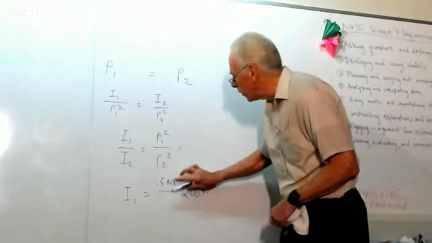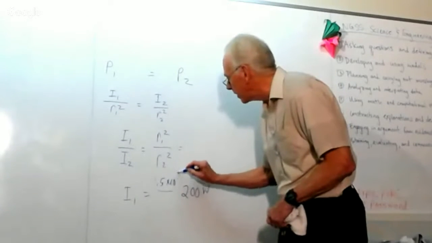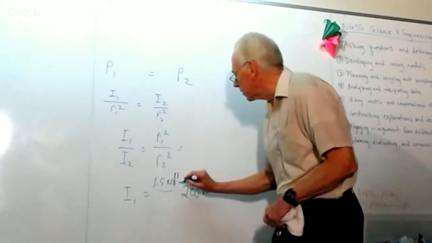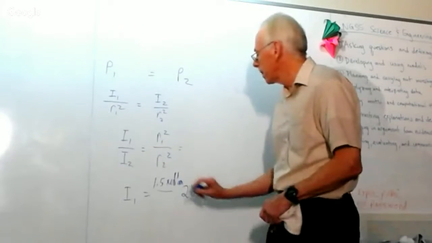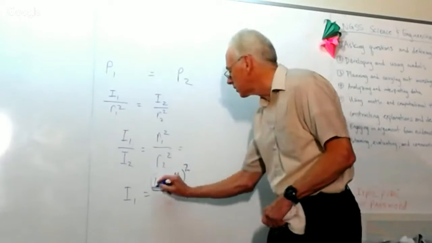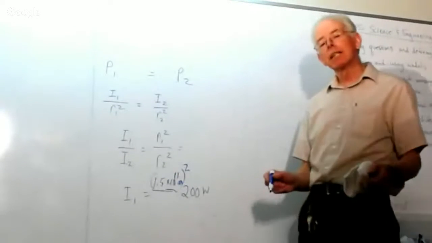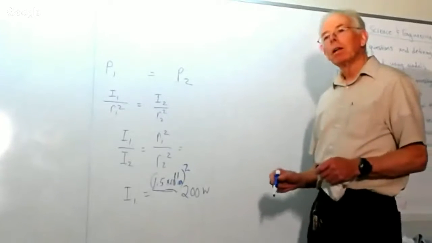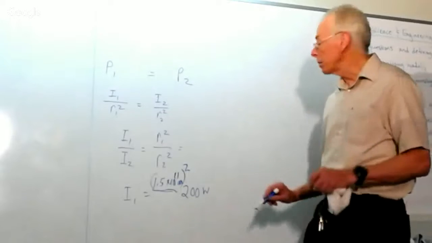That's 1.5 times 10 to the 11th meters. And I'm going to have to square that. So that's the distance to the sun squared. And then we have the distance to the 200-watt light bulb, which was on the order of 10 centimeters.